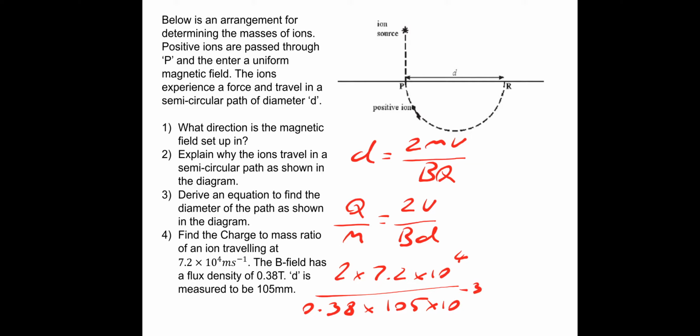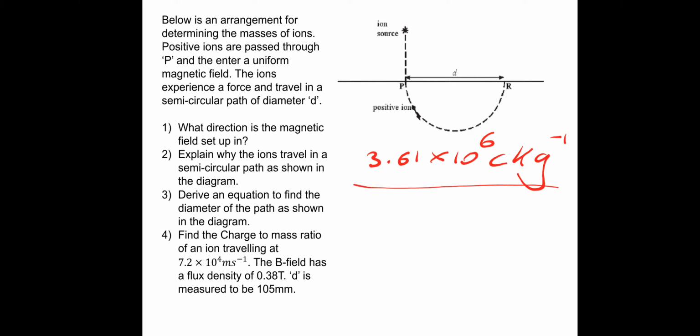And that gives us an answer of 3.61 times 10 to the 6. I have to write it like this because there's not much room. Coulombs per kilogram. Hopefully that went okay. Let's move on.